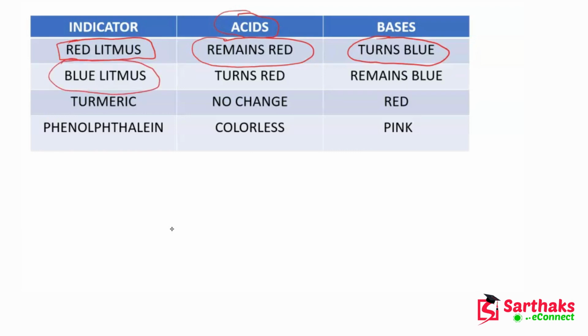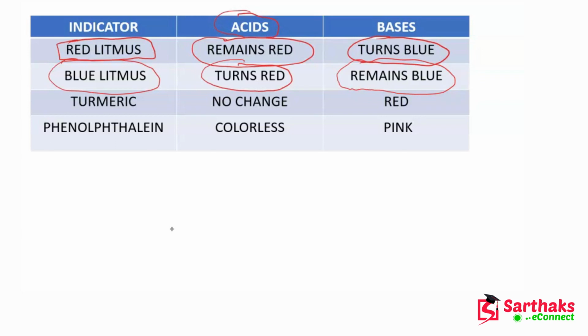If you dip this blue litmus into an acidic solution, it will turn red. But in bases, the color of the blue litmus remains blue, there is no change of color.